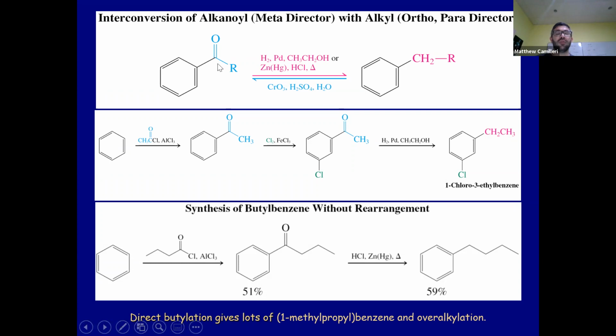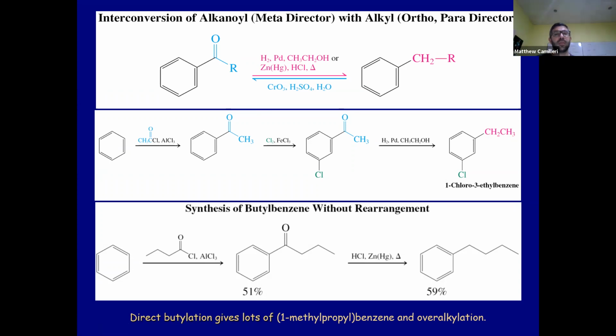So if you have a carbonyl using hydrogen, palladium, and ethanol, you will get the alkane. Therefore, we can use this to first introduce an acyl group, then introduce a halogen, then reduce.